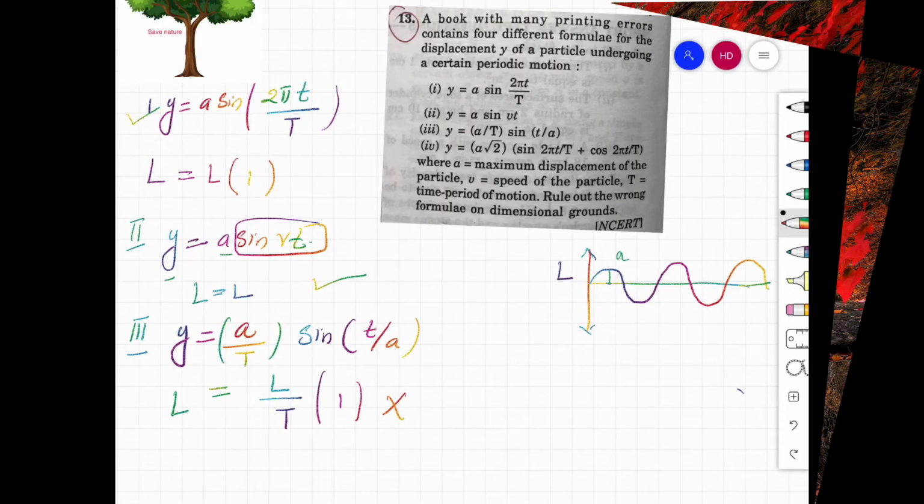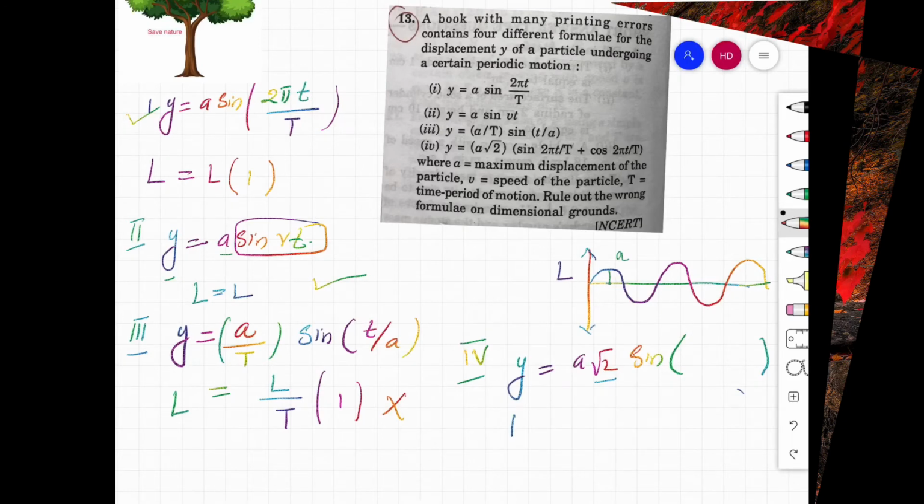Now let me consider the fourth expression. My fourth expression is y equal to a root 2 into sine of some angle. I am not writing the angle because you know that the angle does not have any dimension. I am not repeating it again. So here root 2 is also a constant which does not have any dimension.